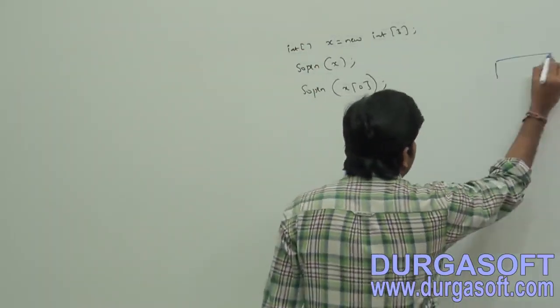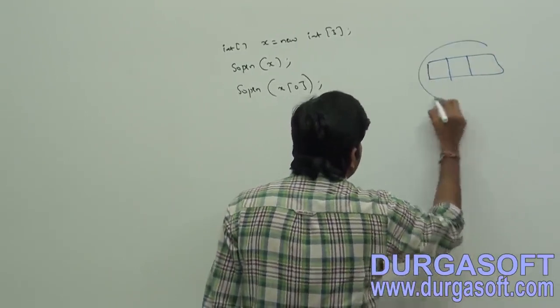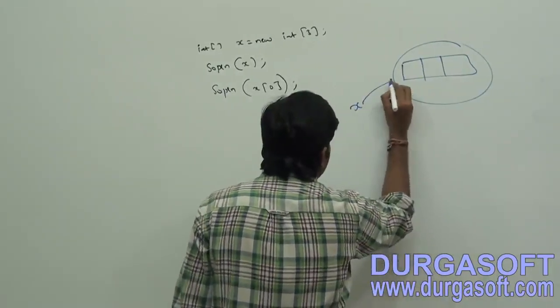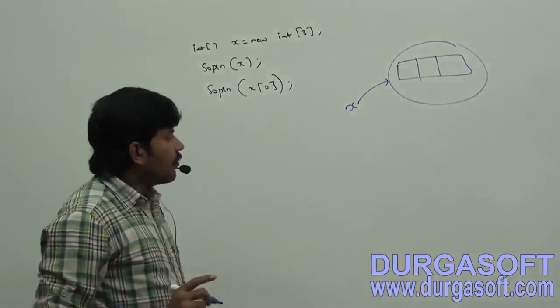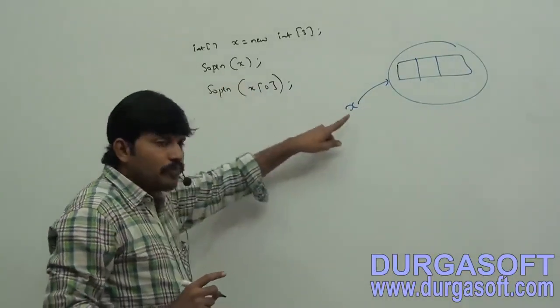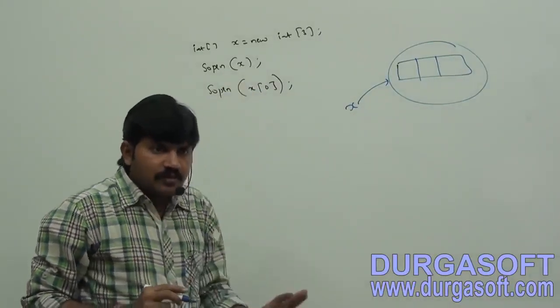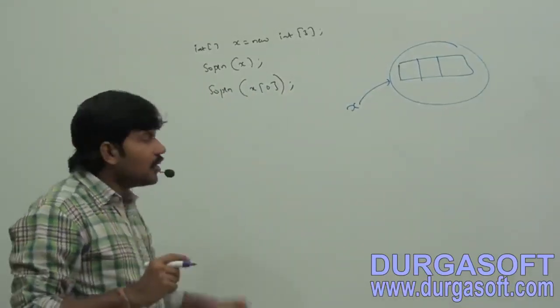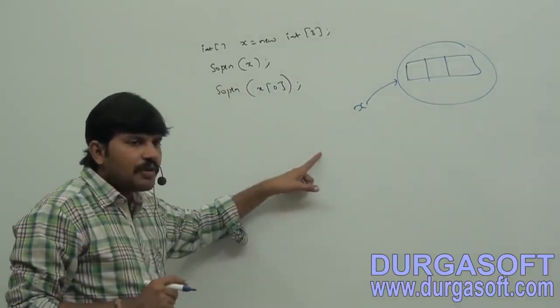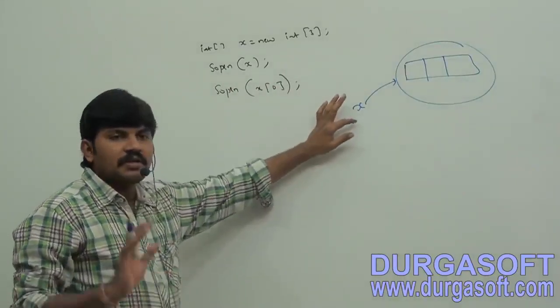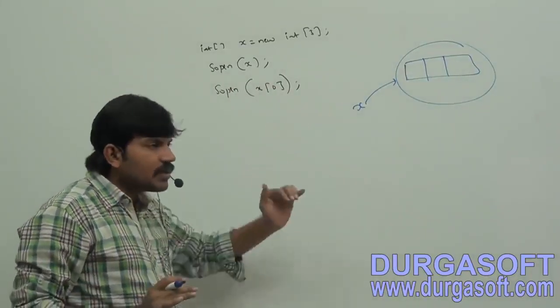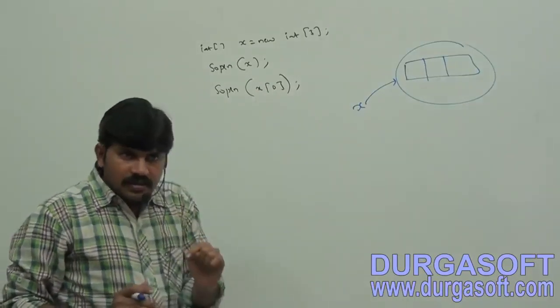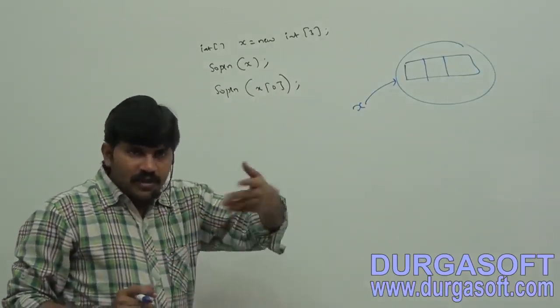Sir, here we created an array with the size 3, x is the reference variable for that. Do you know, whenever we are trying to print any reference variable, internally which method will be called? ToString method will be called. How is the ToString method implemented? Just to return class name, at the rate, hash code, like we will discuss somewhere.